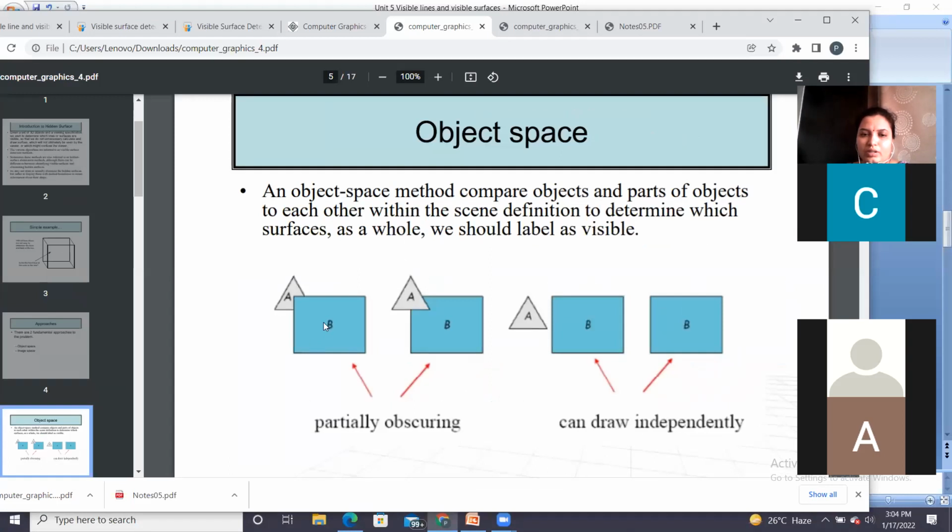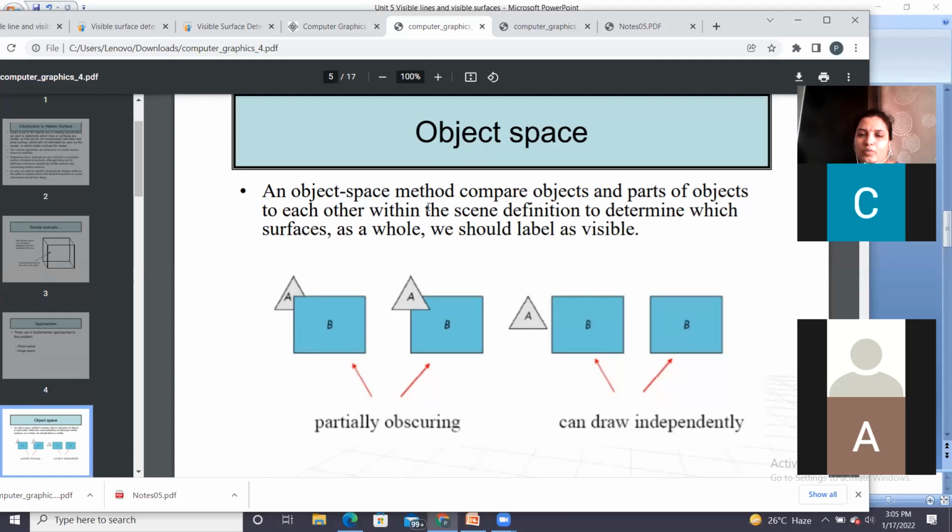It compares an object and the portion of that object, part by part, that is, line by line. Suppose this is a triangle and one rectangle, A and B, two objects. It compares line by line, portion by portion, so it will compare one line of triangle A to see whether it is visible or hidden.